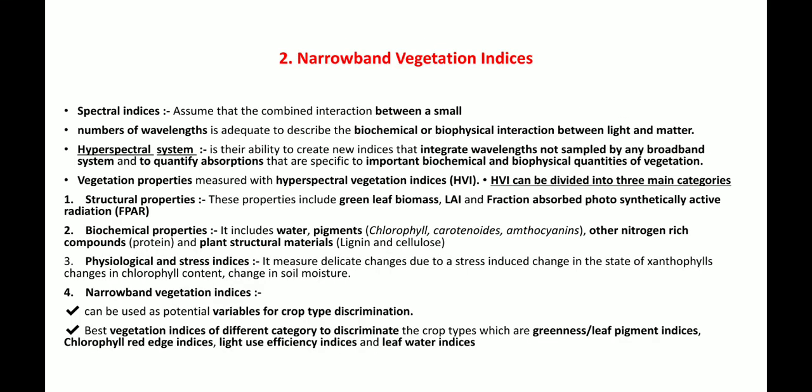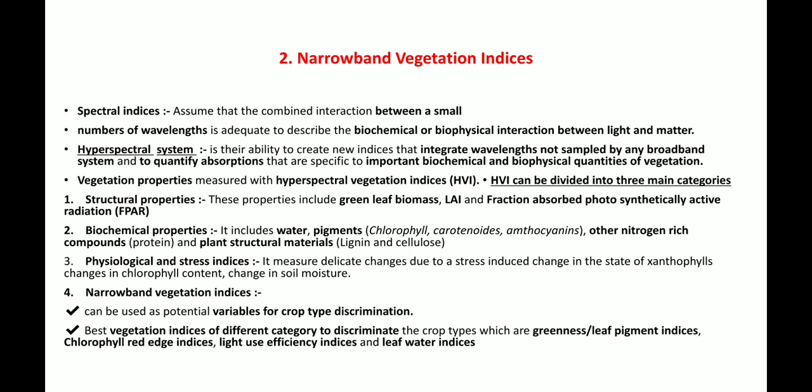Next one you can see number two, that is narrow band vegetative indices. The spectral indices assume that the combined interaction between a small number of wavelengths is adequate to describe the biochemical and biophysical interactions between light and matter. These spectral indices are studied according to the biochemical or biophysical changes in the crops, which depend on light and other resources.